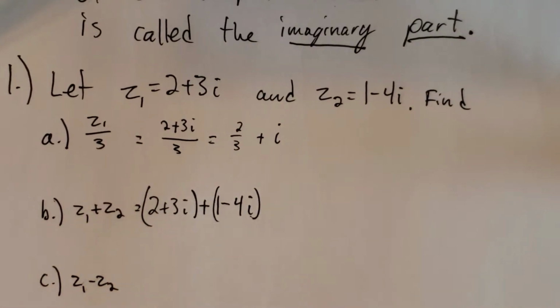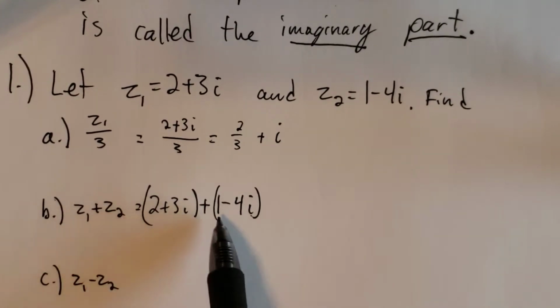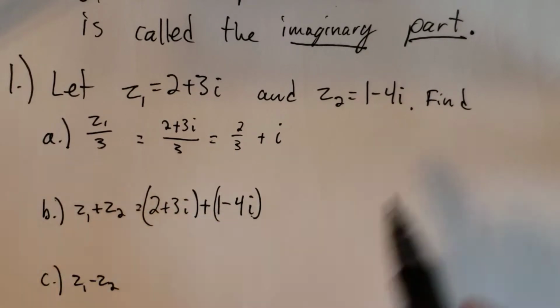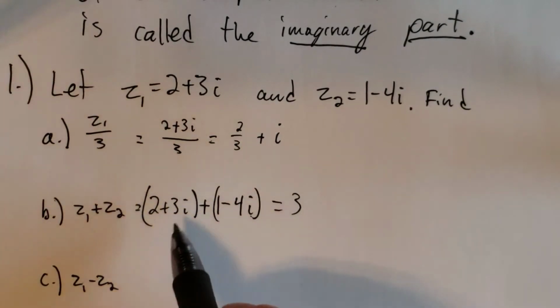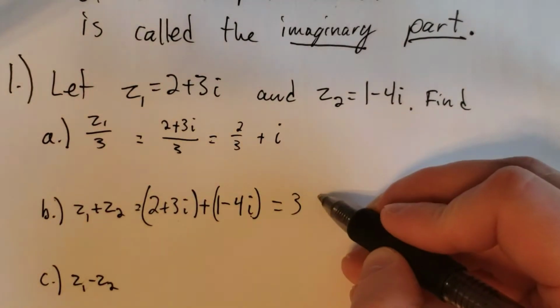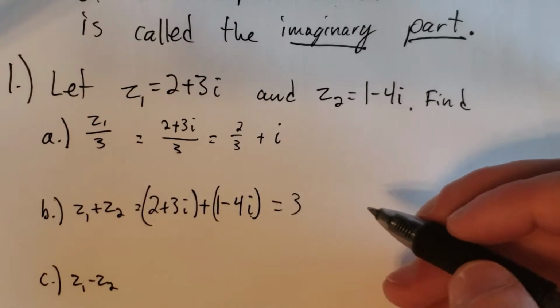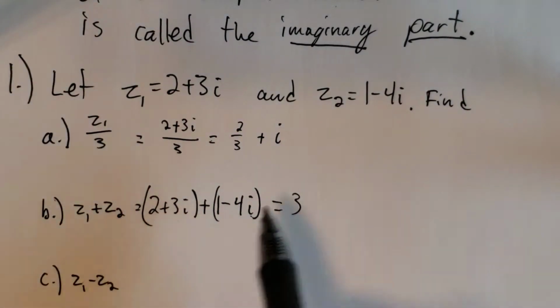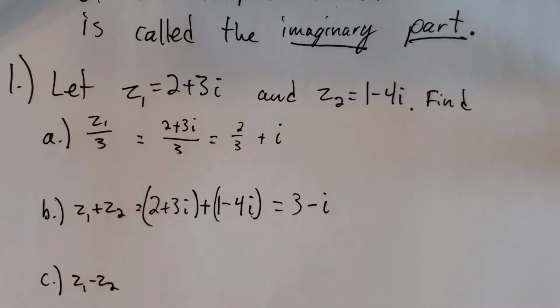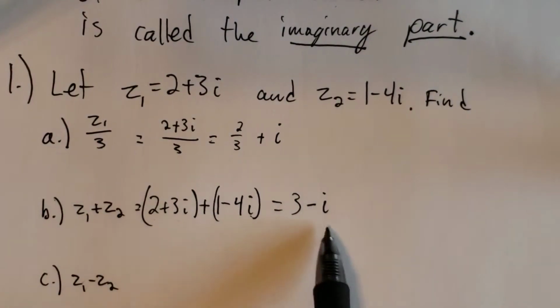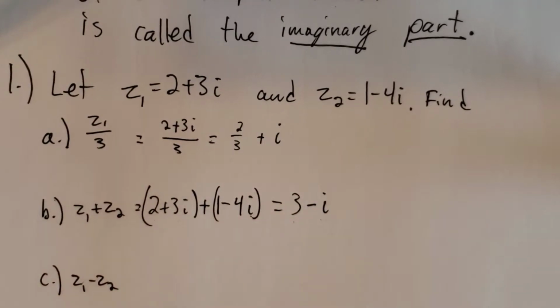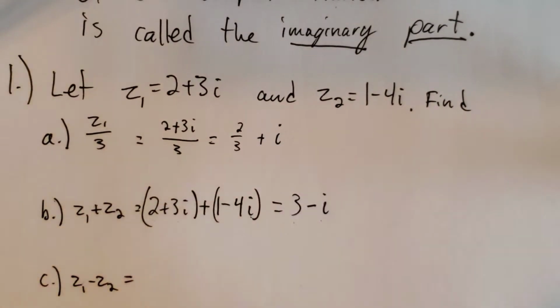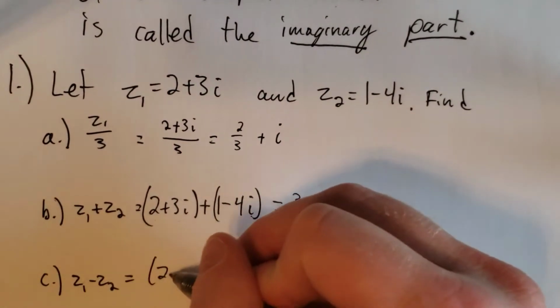So the values without the i's, 2 and 1, give 2 plus 1 is 3. 3i plus -4i is the same as 3i minus 4i. 3x minus 4x is -1x, so 3i minus 4i is -1i. The answer here of z1 plus z2 is 3 minus i, where 3 is the real part and -1 is the imaginary part. All right, z1 minus z2, similar thing.